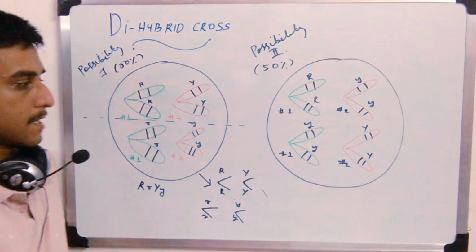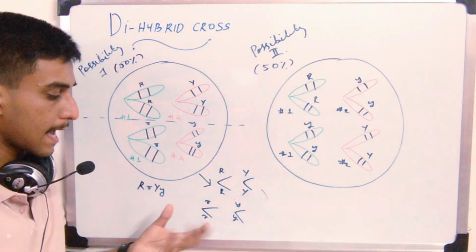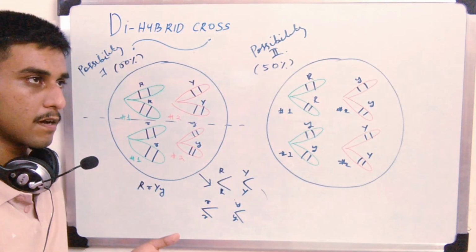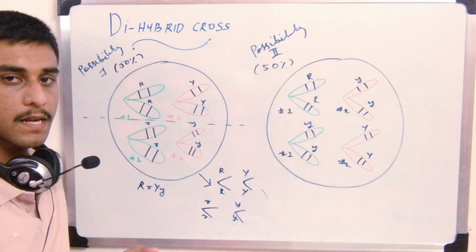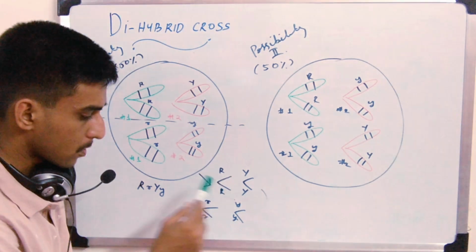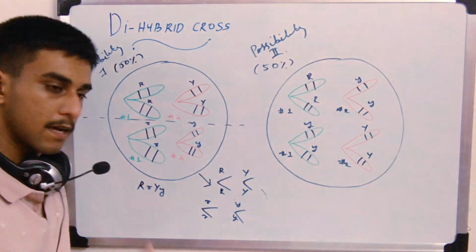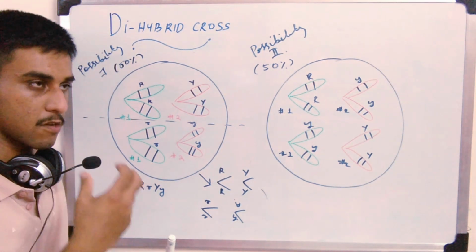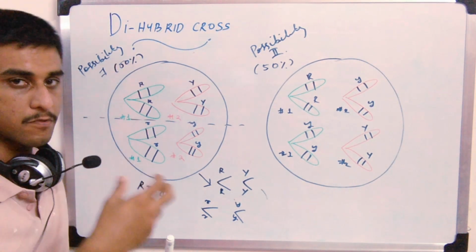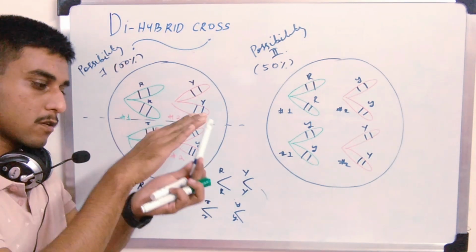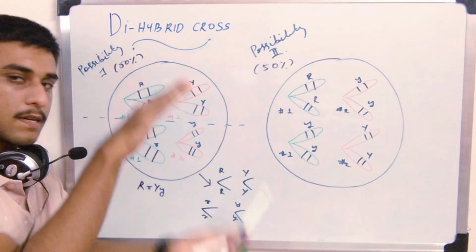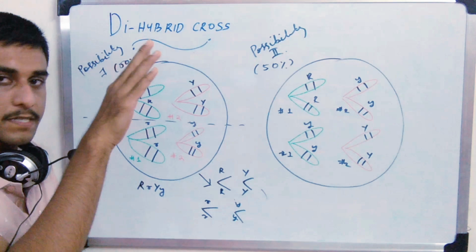So in this possibility number 1, the gametes can be formed which are that of the parental condition, right? So this is after meiosis 1. In meiosis 1 anaphase, the segregation of the homologous chromosomes occurs, which means chromosome 1 can separate from each other, right?